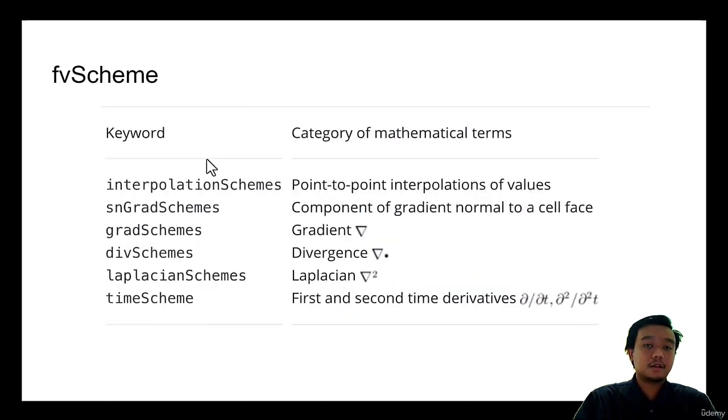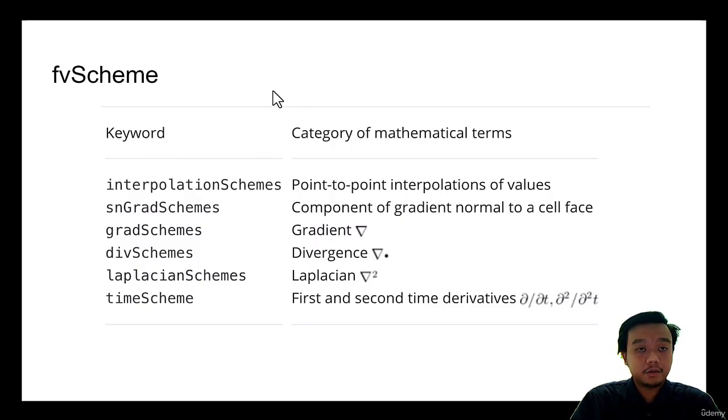First, in the OpenFOAM folder, within the system folder, we will find fvSchemes and fvSolution, where FV itself means finite volume. So the finite volume schemes and the finite volume solution.